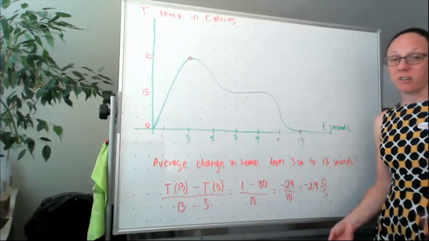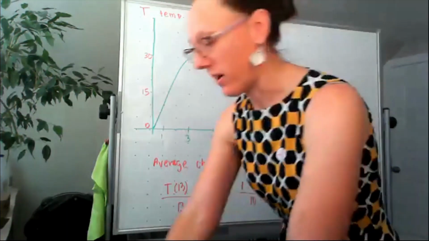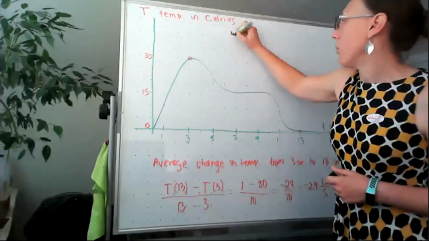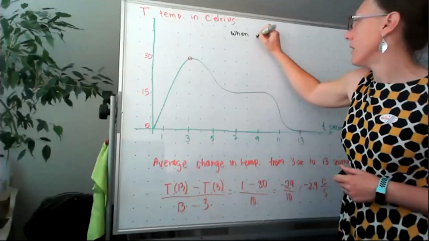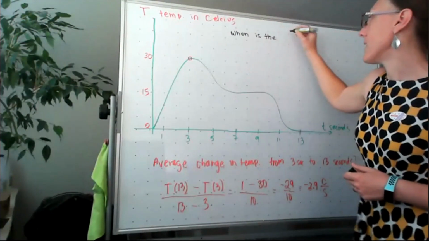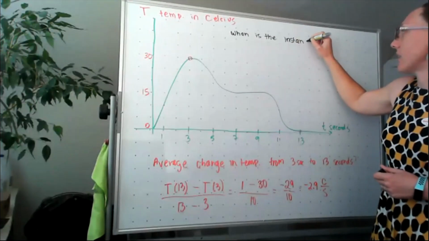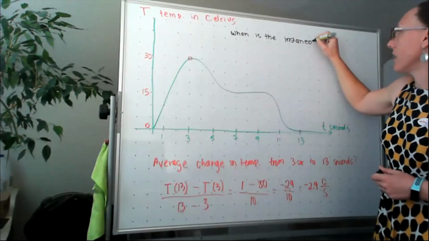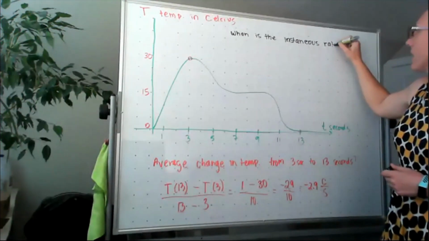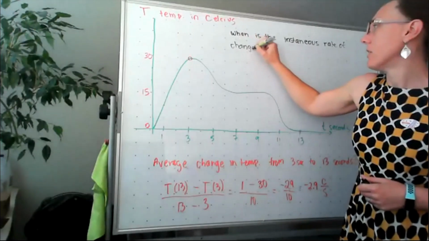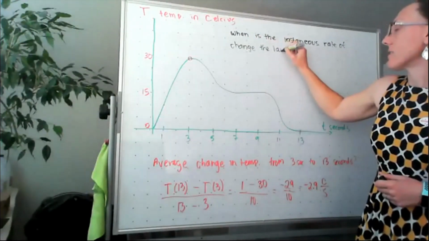Maybe another question that I'm going to ask about this graph is: when is the instantaneous rate of change the largest?